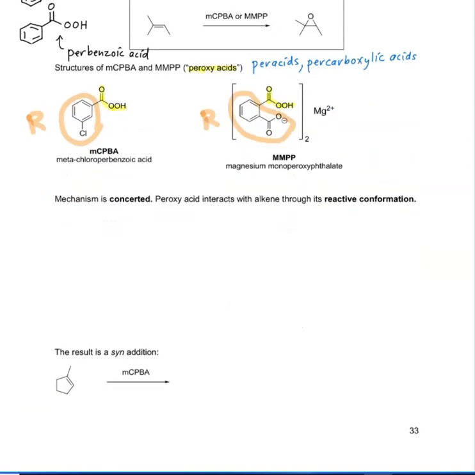Okay, so the mechanism is what we call a concerted mechanism. When we say that a mechanism is concerted, what that means is that it's happening all in one step. So all the involved bonds, that is, any bonds that are going to form or break in the reaction, are doing so at the same time.